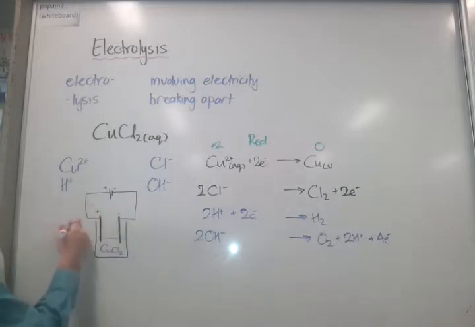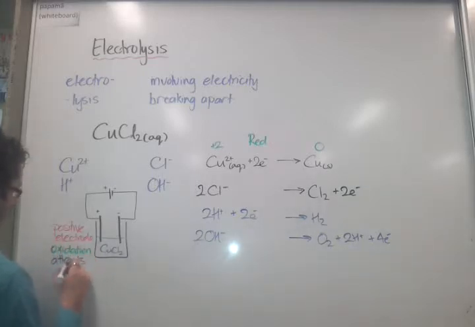Have a look at the half equations there. So at the positive electrode, we can see that oxidation is occurring. Cool. It's attracting the anions or cations, did we say? It's attracting the anions, okay?